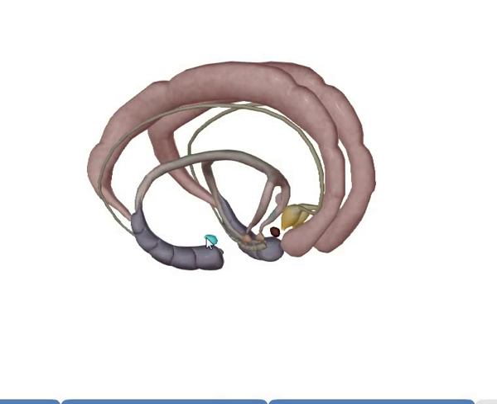So you have your amygdala here, your hippocampus is right there, then your fornix there, feeding down into the mammillary body there. And again, you have your cingulate gyrus here.